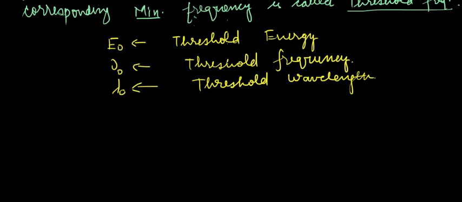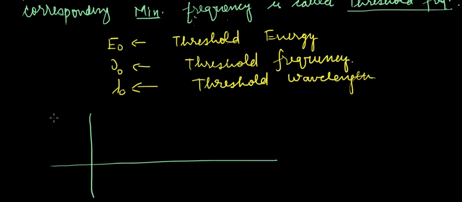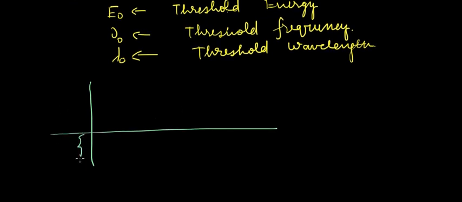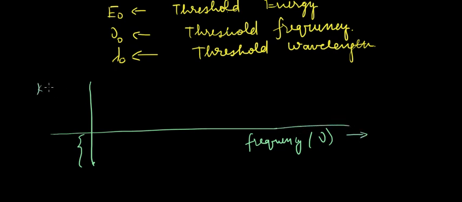So next let's draw a graph to understand this better. On the x-axis let's have frequency, or nu, and on the y-axis let's have the kinetic energy of ejected electrons.